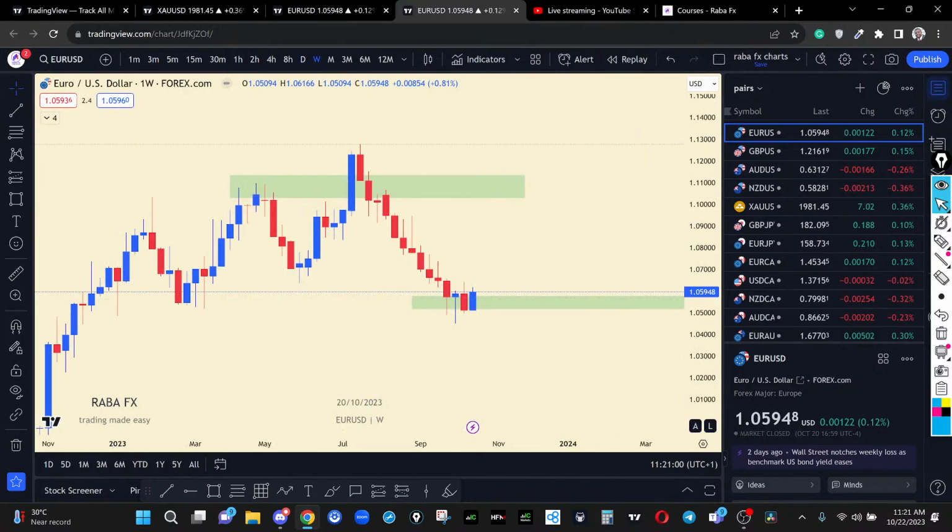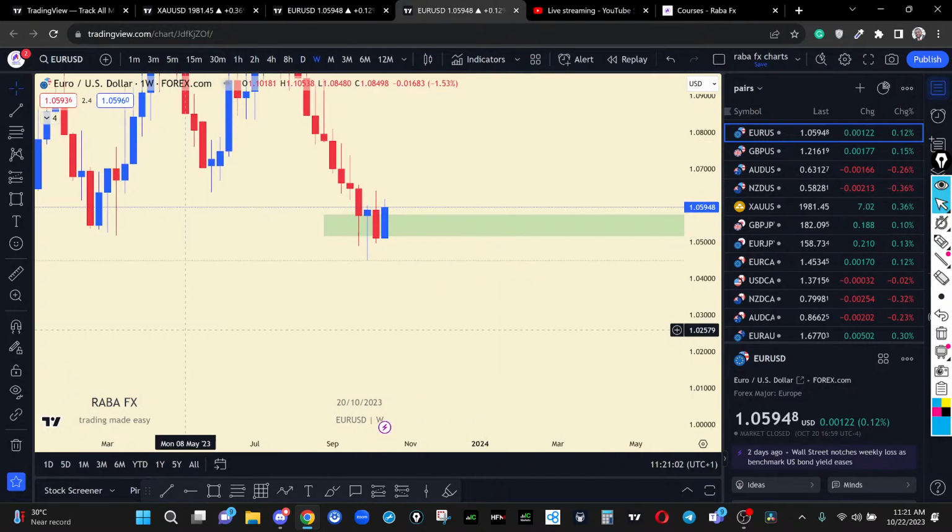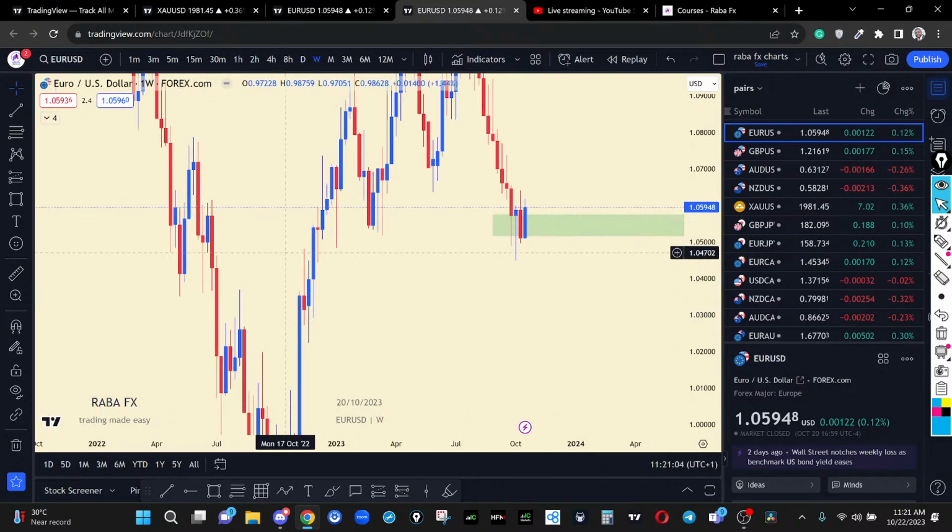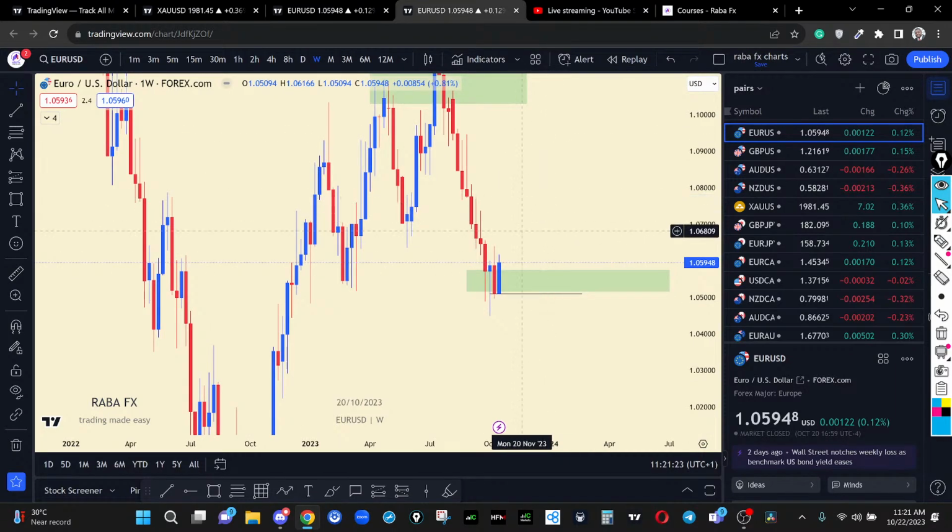Now on the weekly time frame also, we are rejecting off nothing here. Nothing caused this, but something interesting happened. We are creating a fresh weekly support. This is also a strong sign that we might be looking for that bullish move. In the meantime, what are we expecting?